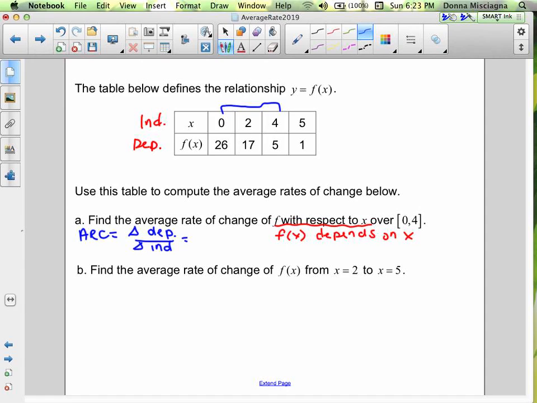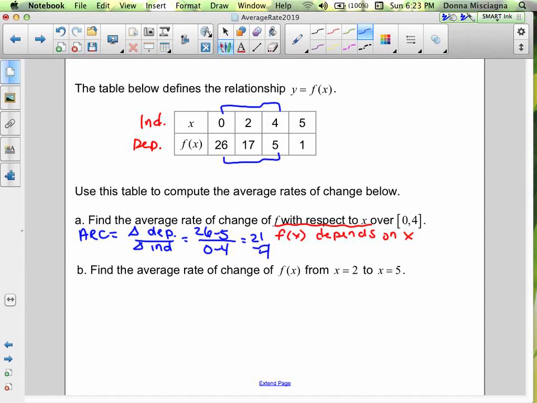All right, so we're working between these 2 points. All right, so the dependent is at the top there. It doesn't really matter who you start with. I'll go left to right. So 26 minus 5 divided by 0 minus 4. All right, so 26 minus 5 would be 21 over 4.